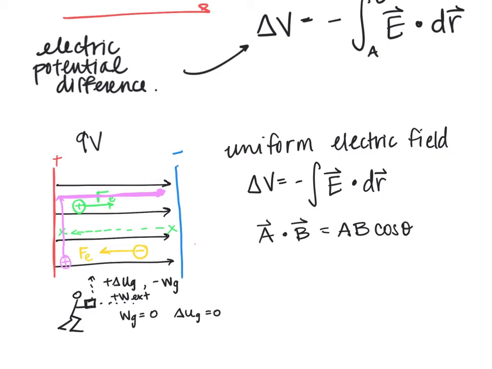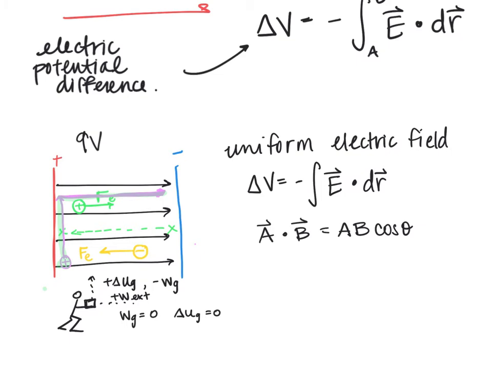And so in this case, there's no integral to be taken as the charge moves from here to there, because the particle is not moving parallel to the electric field at all. Here it is moving parallel to the electric field.